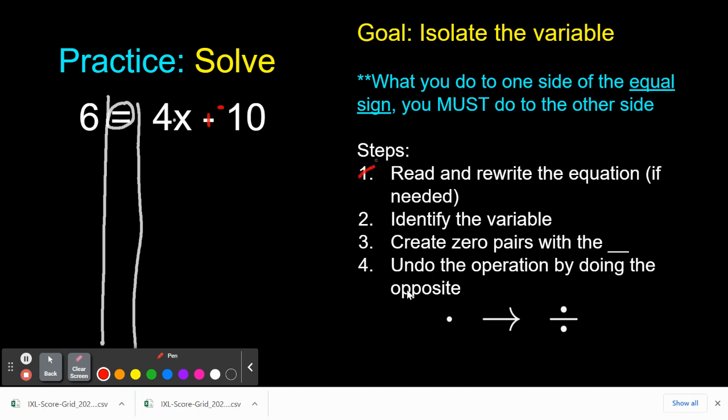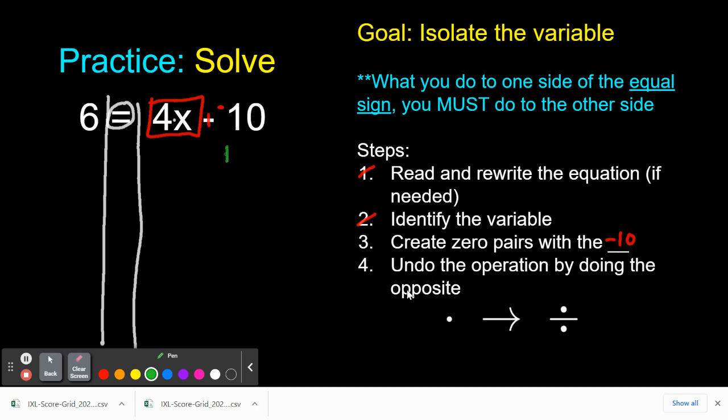Okay? Identify the variable. Find that variable term because the side of the equation that variable term is on is going to dictate to you what to do. We're going to be focused on the right side of this equation because our variable is right there. So our first goal is to get that variable term on its own. And so we need to create 0 pairs to get rid of the negative 10. How do we get rid of negative 10?